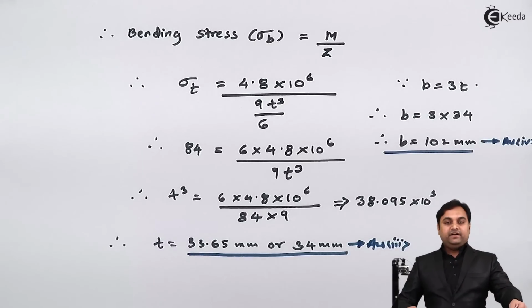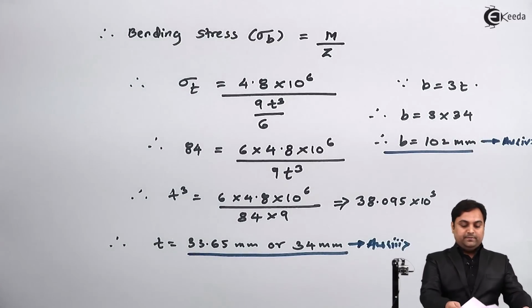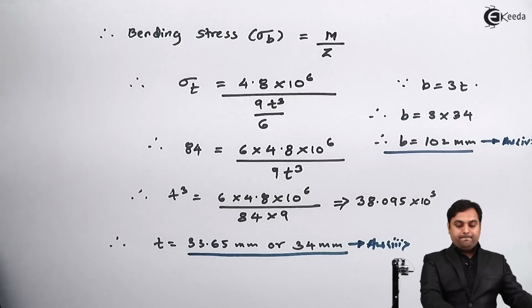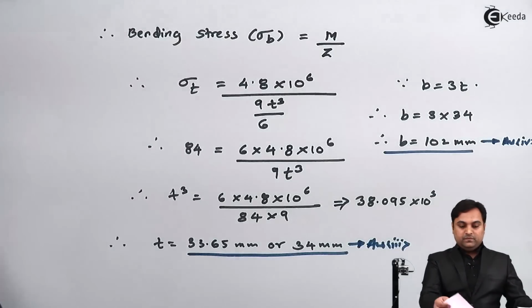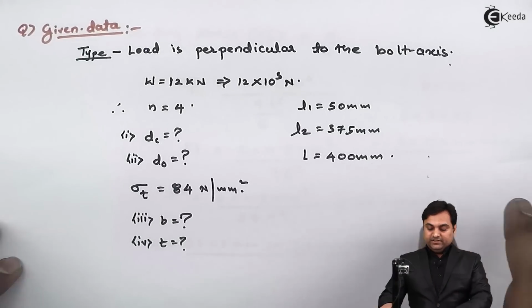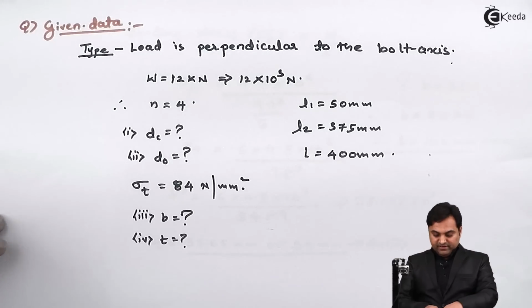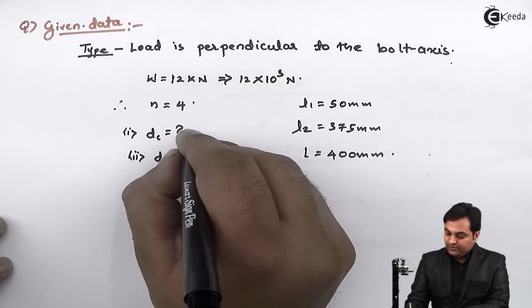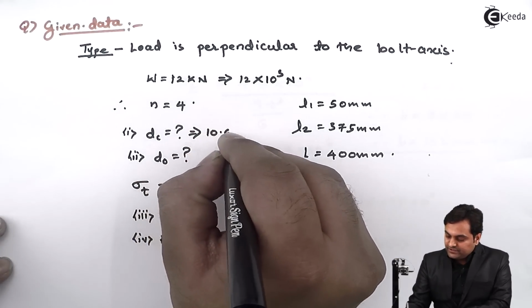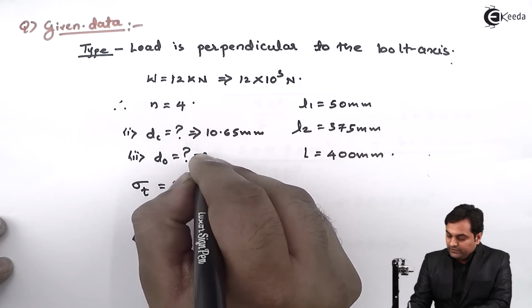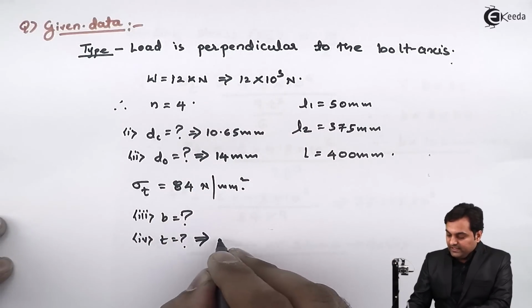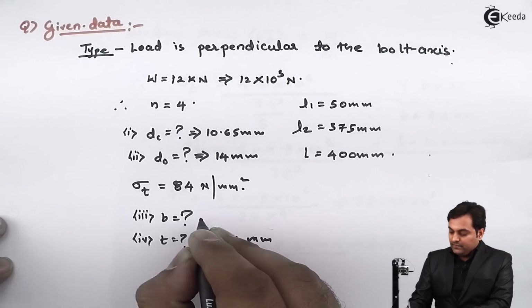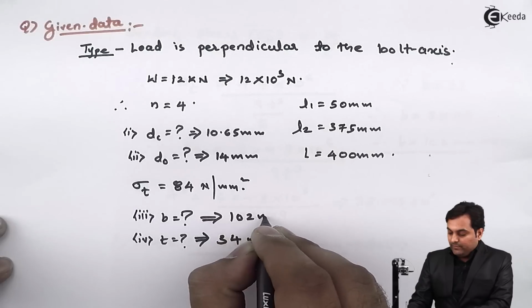So here we have designed the cross section of the bracket, and if we look into the question, they were telling us to calculate DC and DO. We have found out the values. DC was 10.65 mm, DO 14 mm, T we have got as 34 mm, and B it is 102 mm.